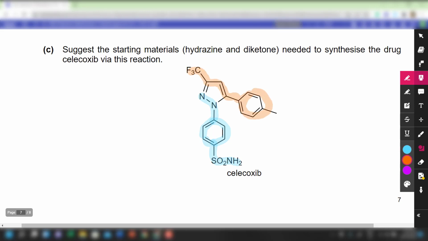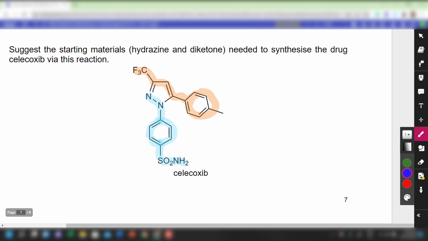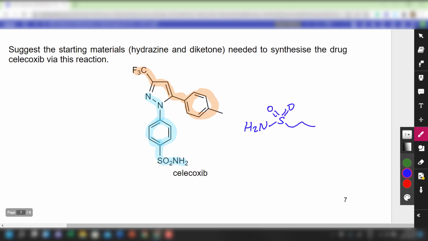If I'm going to sketch it out, the hydrazine will be like this, S double bond O, and then a phenyl ring, and after that NH and H2.